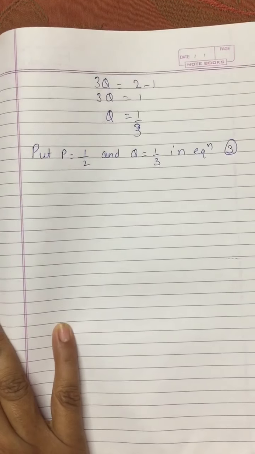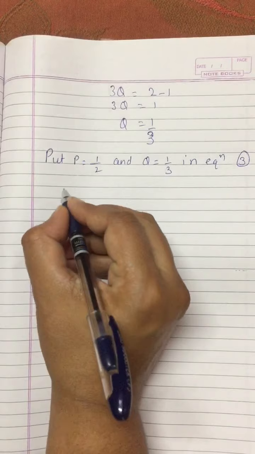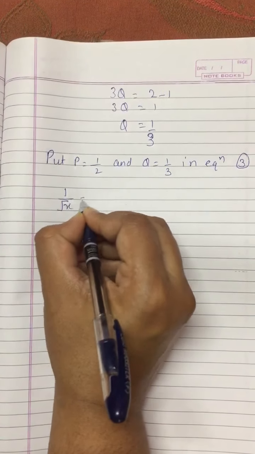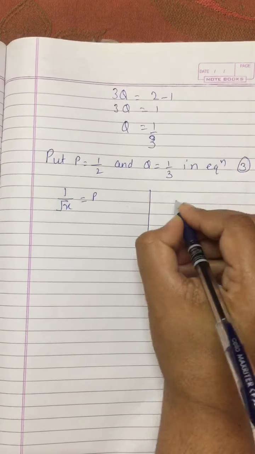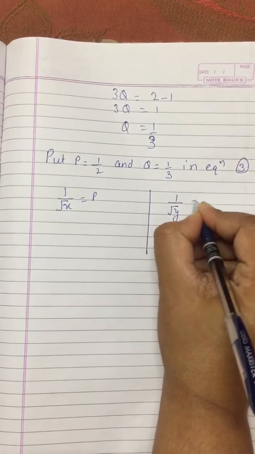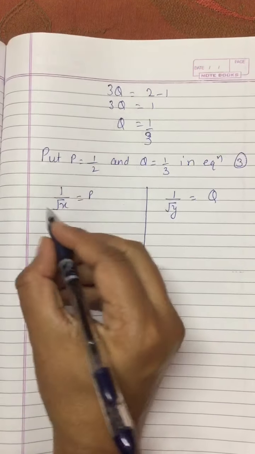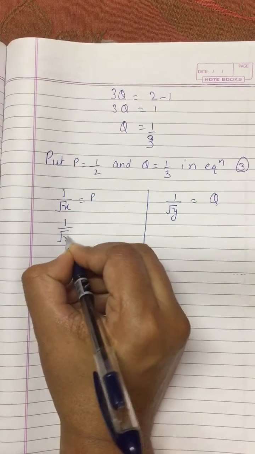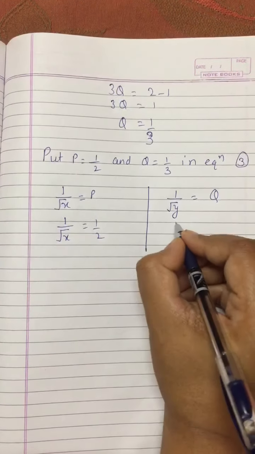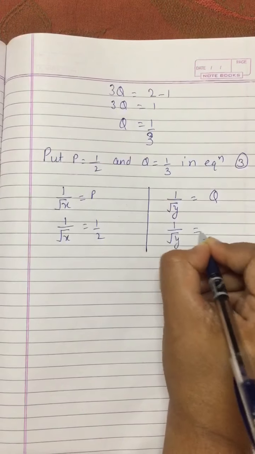What was equation number 3? 1 over root x equals p and 1 over root y equals q. The value of p here is 1 by 2, so 1 over root x equals 1 by 2, and 1 over root y equals 1 by 3.